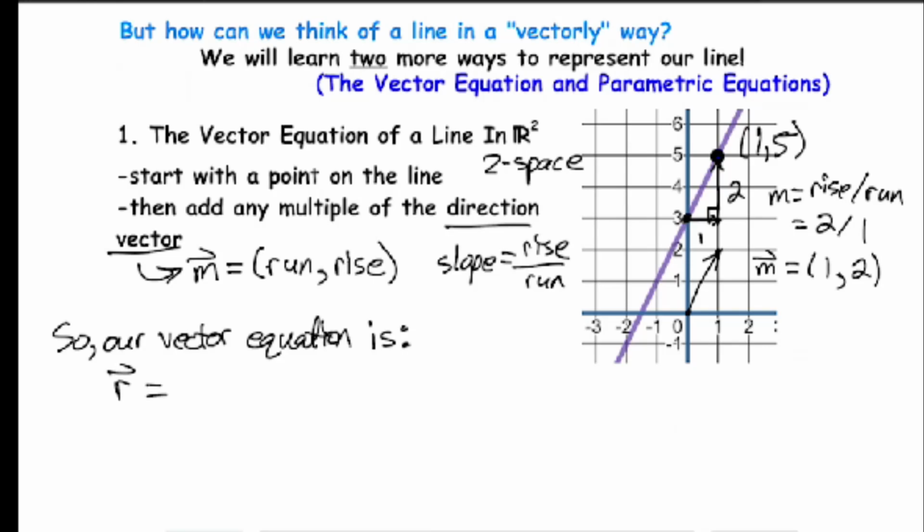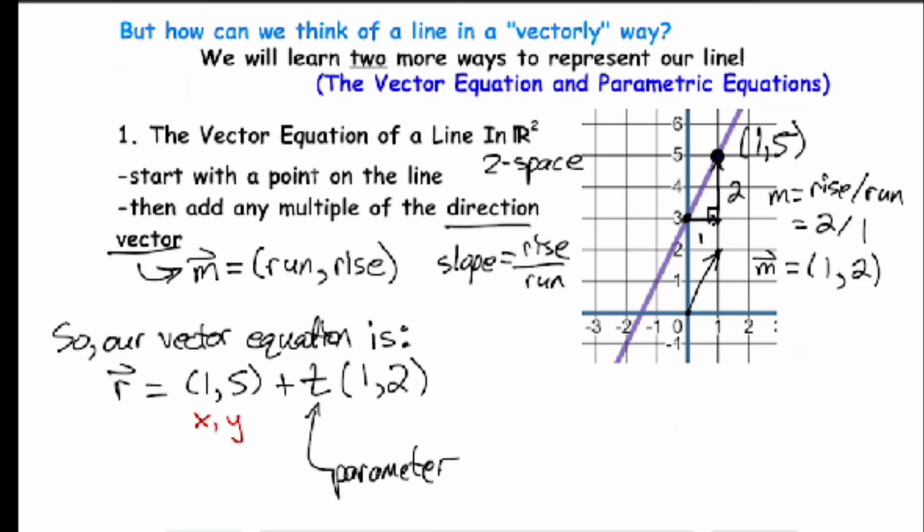Our vector is equal to the point on the line that we know, 1, 5, so the x and y value that we read off the graph, plus t, and t is our parameter, times our direction vector, which we defined by 2 points. So 1, 2, where t is an element of the real.